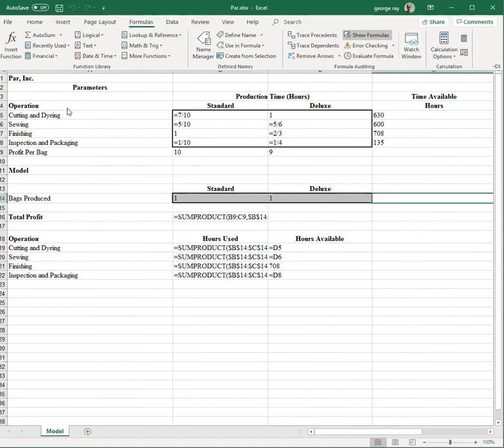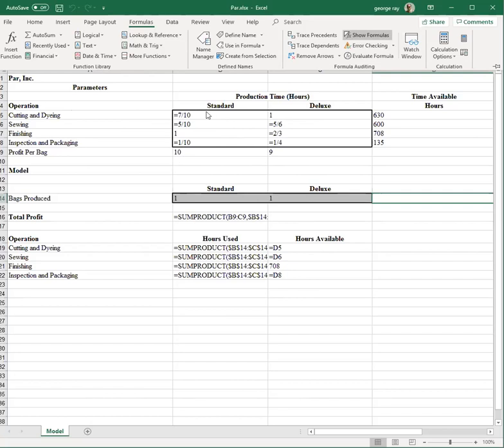So again, we have our operations, and these become our parameters: cutting and dyeing, sewing, finishing, and inspection and packaging. And they take a certain amount of time for each of the different types of products that we're producing. In this particular case study, it's a standard golf bag and a deluxe golf bag.